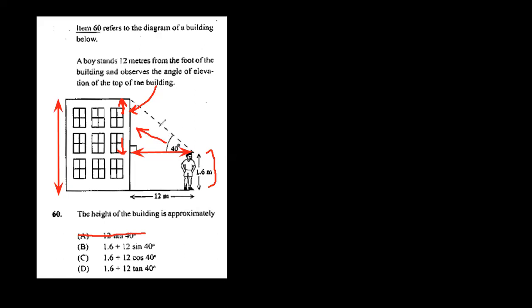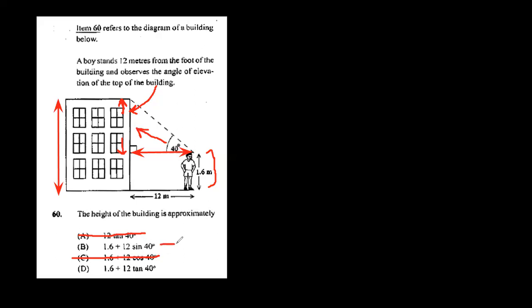You want to find the opposite, right? This is the opposite of the triangle. So which responses don't have opposite? Cosine does not have opposite. So we eliminate cosine immediately.